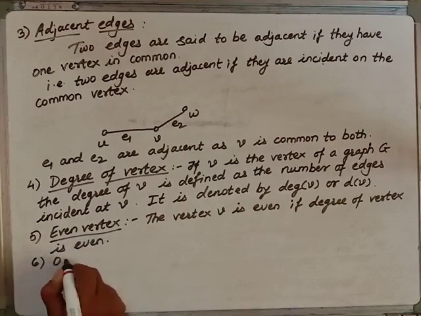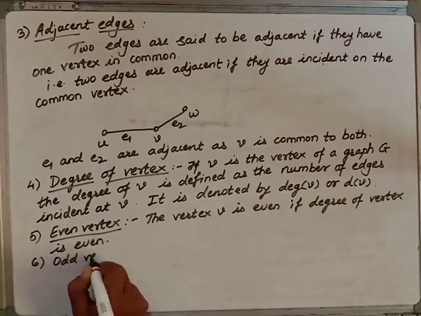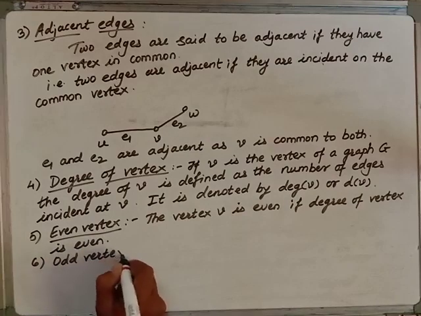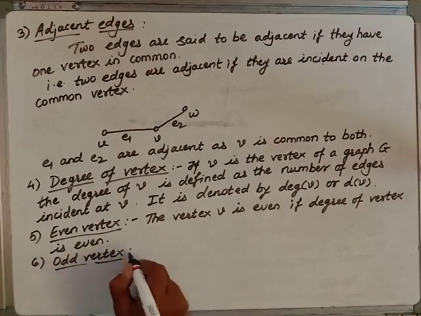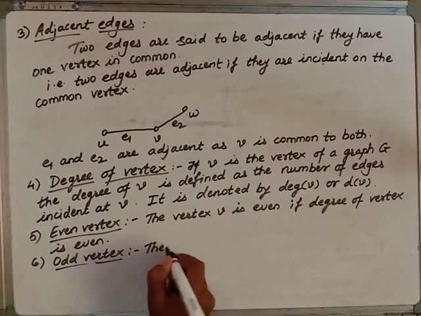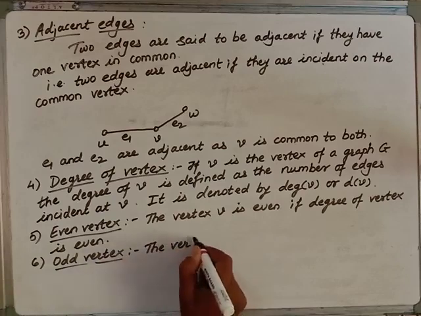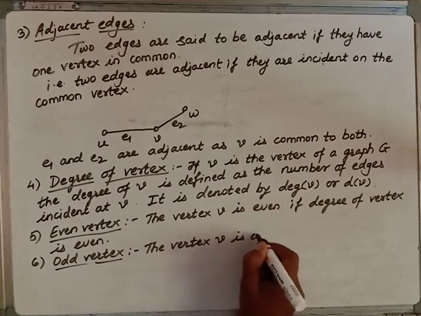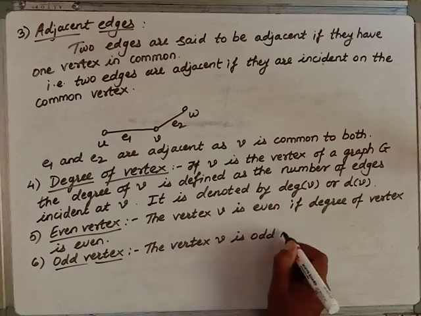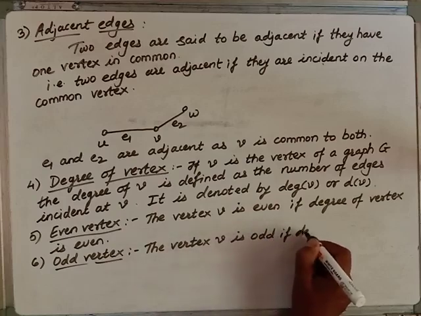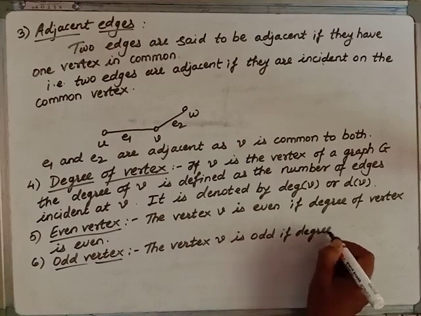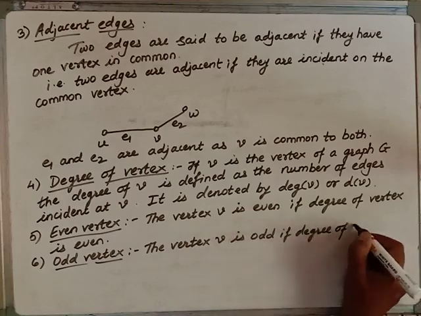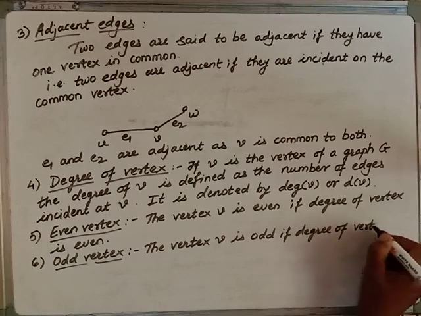Next, odd vertex. You can easily judge this one. If degree is odd, then the vertex will be odd. The vertex V is odd if degree of vertex is odd.